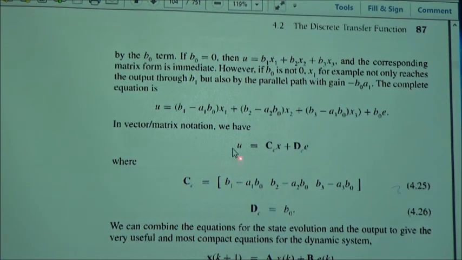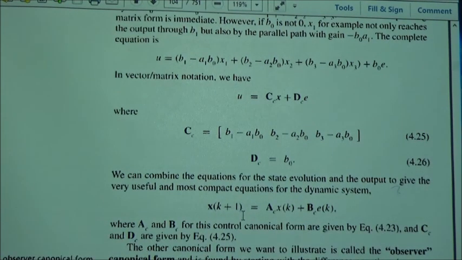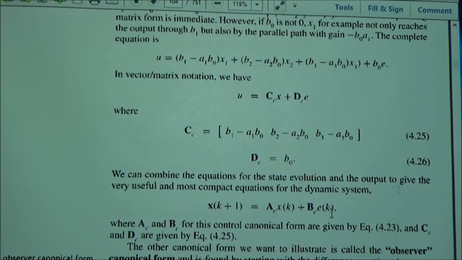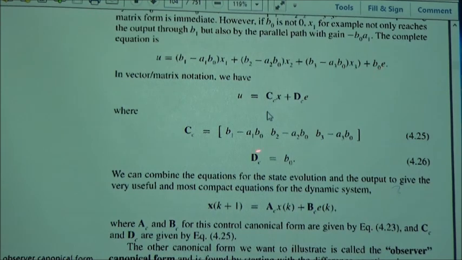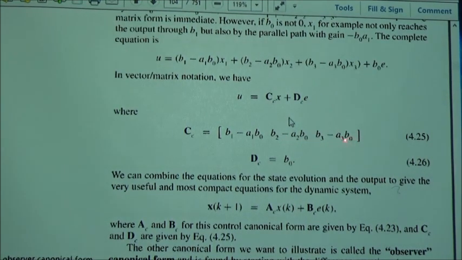So your state equation is going to be x of k plus 1 is A sub c, x of k plus B sub c of u, e, and then the output is going to be C sub c of x plus D sub c times e, where now C is going to be these three terms: B1 minus A1 B0, B2 minus A2 B0, B3 minus A3 B0.